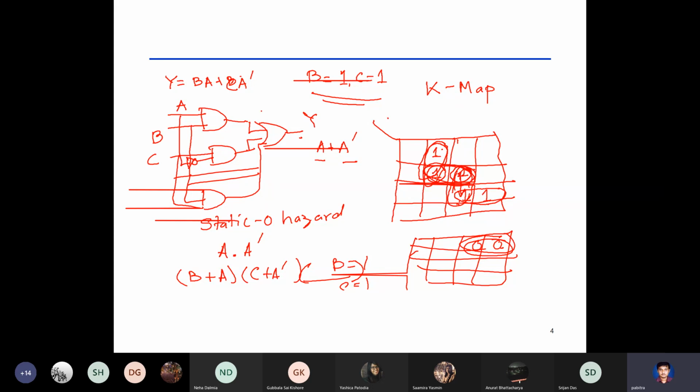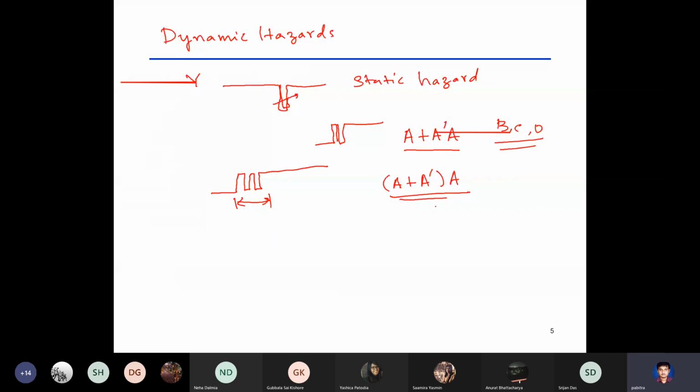So if you follow the data path from input to output, at least one of the inputs should have 3 or more possible paths from input to output. If you draw the circuit, only then a dynamic hazard can happen. Okay, we can easily see that this kind of situation can only happen in such a case, because you see these are 3 possible paths.